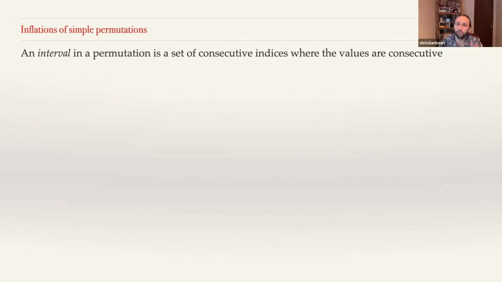Okay, so I thought I would talk briefly about the simple permutations. This was a pretty big research program in permutation patterns. They rely on this idea of an interval in a permutation. An interval in a permutation is just a set of consecutive indices which have consecutive values.